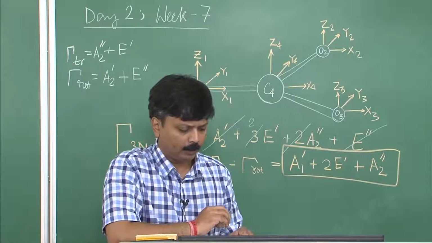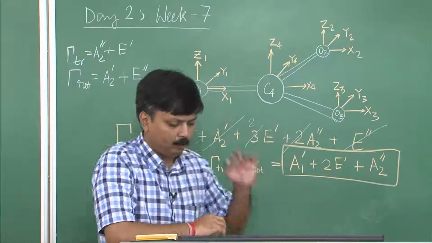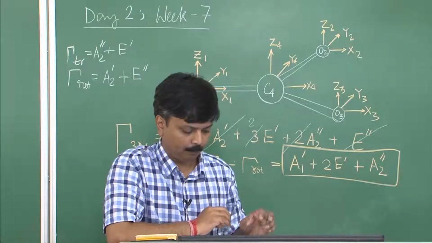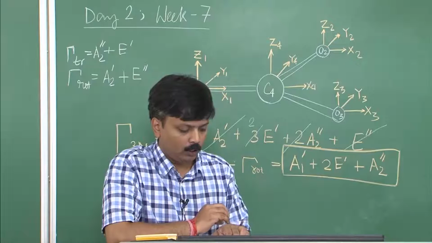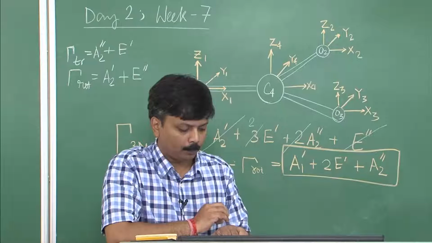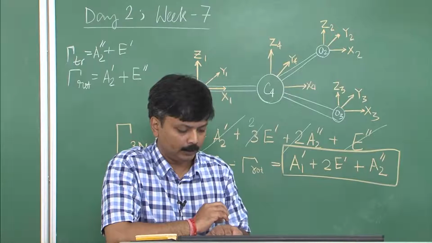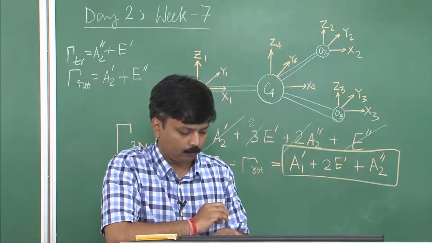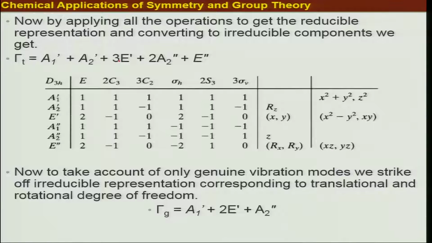Then I have the characters for E prime. E prime has 2 for the identity and -1 for C3, while you have -1 for S3 also, and sigma v is 0.